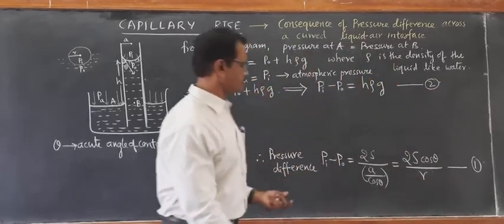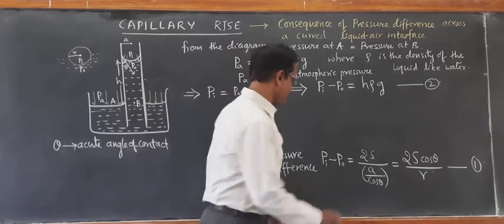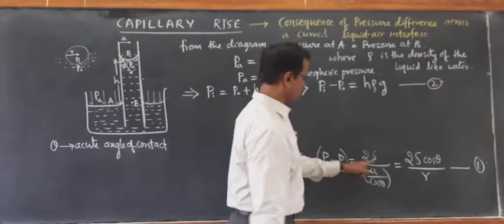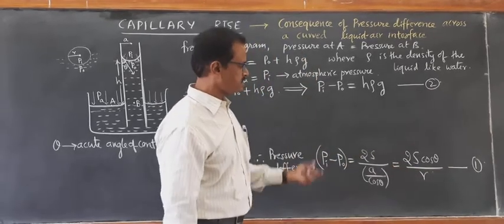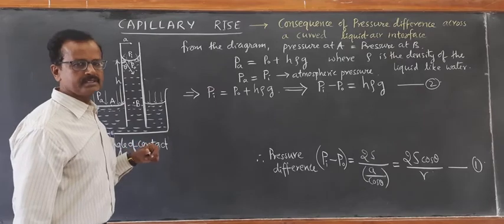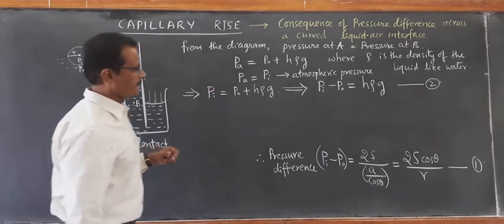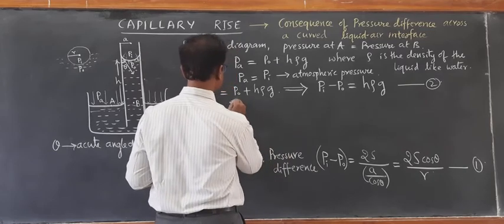Now substitute equation number 1 in equation number 2. We know what Pi minus P naught is. It is equal to 2s cos theta by r, where r is the radius of this concave surface of the meniscus.